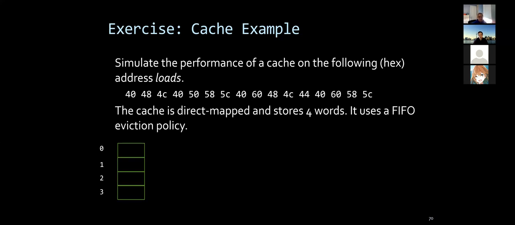So let's look at how we're going to process that. We're going to look at the address 40. You can assume the most trivial hashing, which is the identity function. It looks at the bits of the address. Here I can store 4, 8, 12, 16 bytes. So I look at the last 4 bits, and that tells me, because 4 bits represents 16 bytes in the address, where I go.